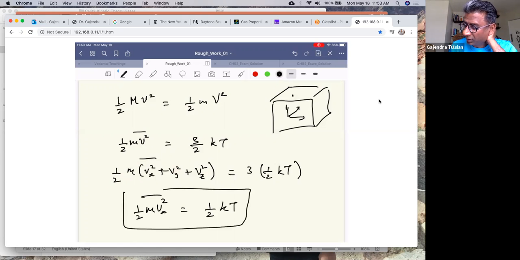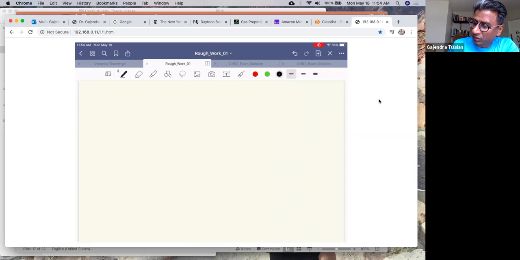And this is the equipartition of energy. So there are 3 terms and 3 times 1/2 kT. So if you have a thermodynamic system, and what is a thermodynamic system? A thermodynamic system is a system that has a large number of particles.